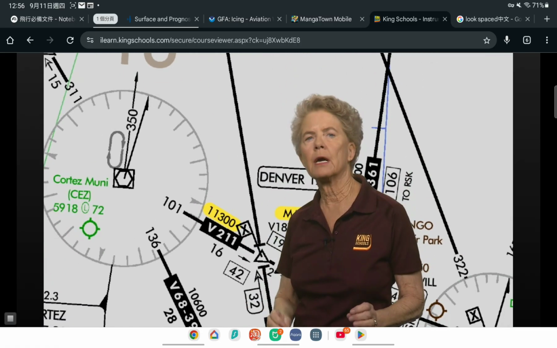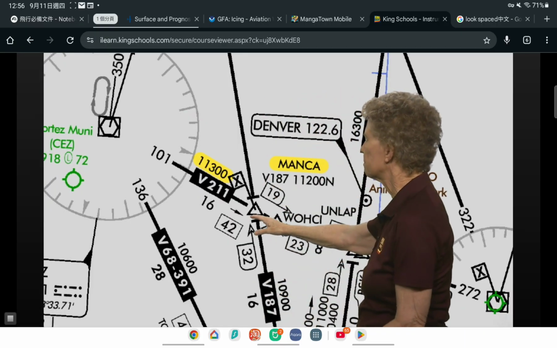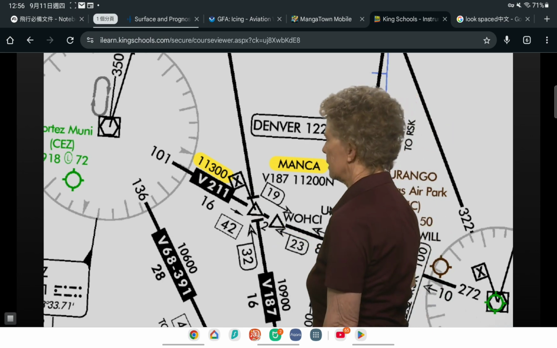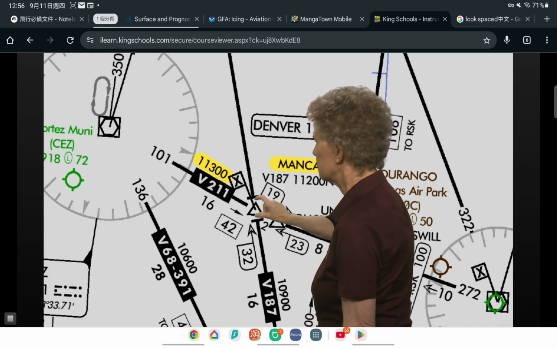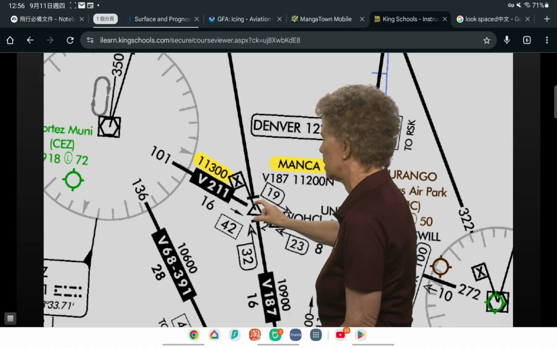What you're looking for now is Manca intersection, where you switch over to Victor 211 going to the east into Durango. Again, Manca has those dinner plates on either side of the intersection to indicate an altitude change.